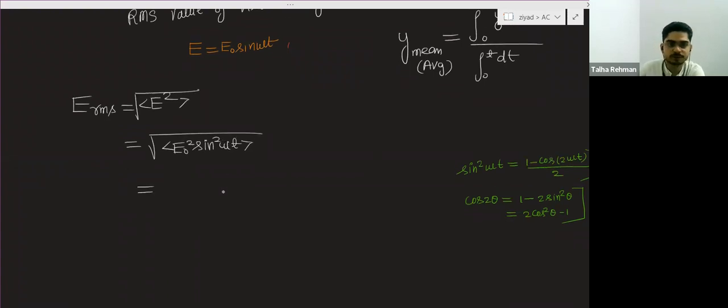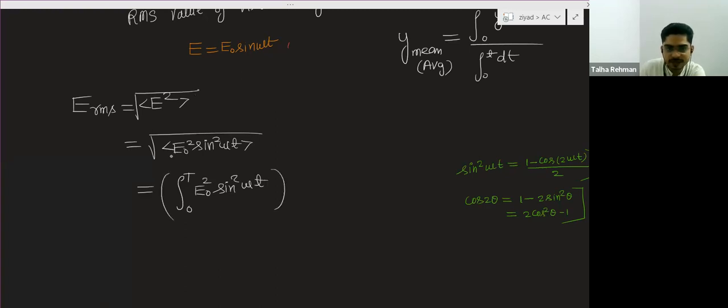Here this E naught is constant, so you can take this out. Take the integration from 0 to T of E naught square sine square omega t dt.